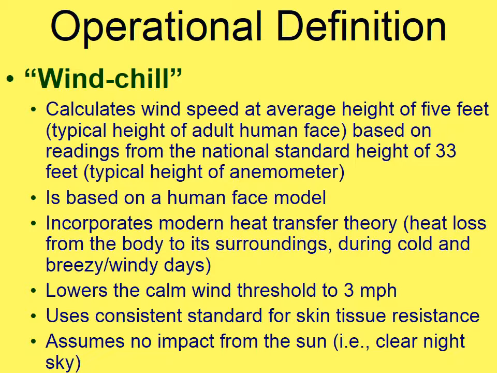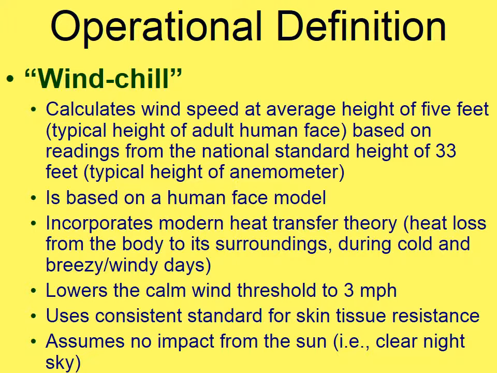So just take a look at some of the things that are actually taken into account by meteorologists here. They calculate the wind speed at an average height of 5 feet off the ground, which not coincidentally is the typical height of a human face, an adult human face. And they also base wind chill, in fact, on a human face model, incorporating modern theories of heat transfer.